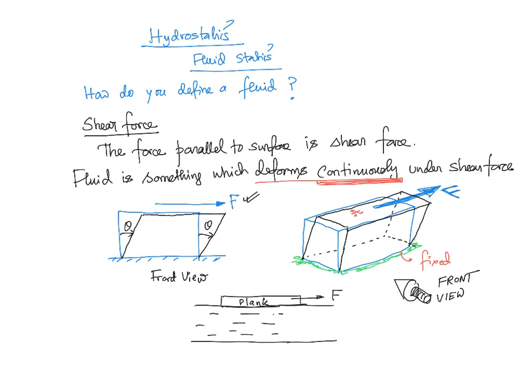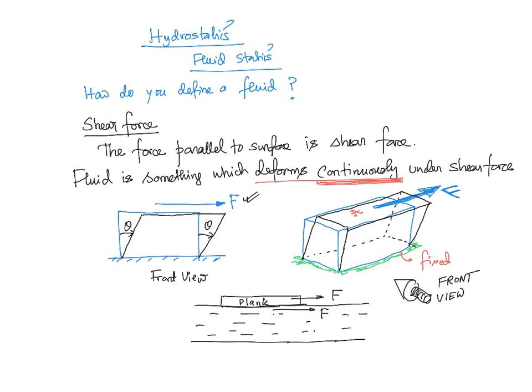Applying force on the plank means you are applying the force on the liquid as well. So does the plank move and stop? No, it doesn't. It will keep on moving.